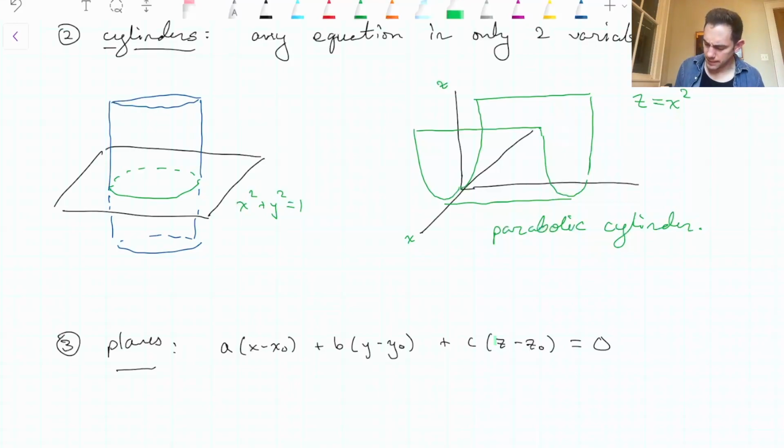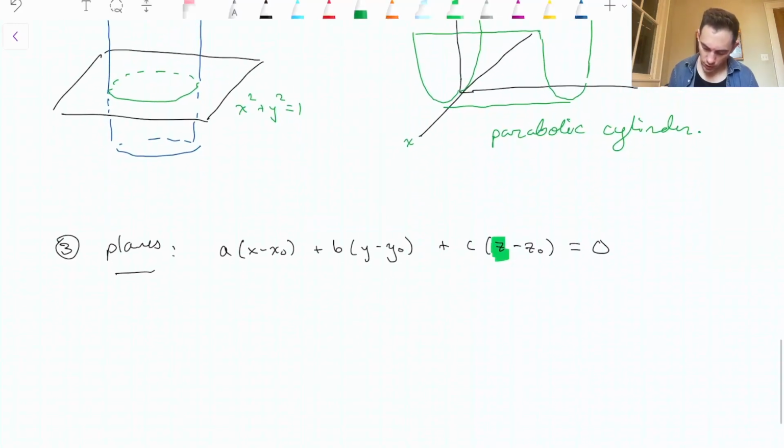But I can very easily imagine solving for this z. So I solve for z, and I'll get something of the form ax plus by plus c on the right-hand side, where this c is sort of an amalgamation of all of those constants, the x0, y0, z0.